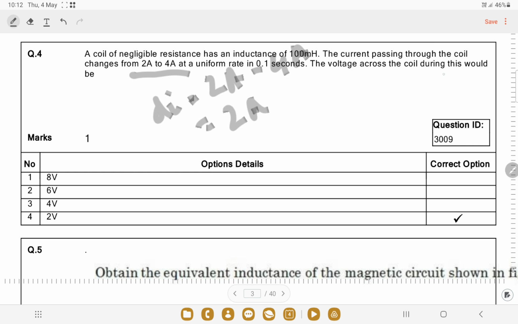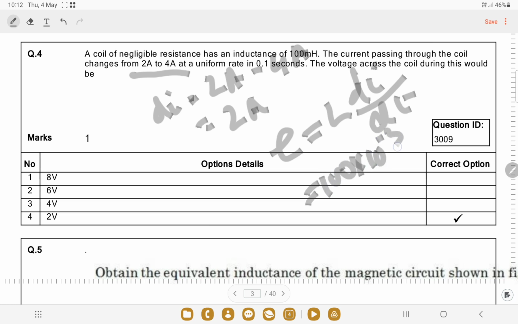The voltage across the coil during this would be, so if we write E equal to, we are only taking the magnitude, L dI by dt. So L is given here as 100 millihenry, that is 100 into 10 to the power minus 3. Then dI I have found out 2 and the dt is 0.1. So if we solve this, we will get 2 volt.